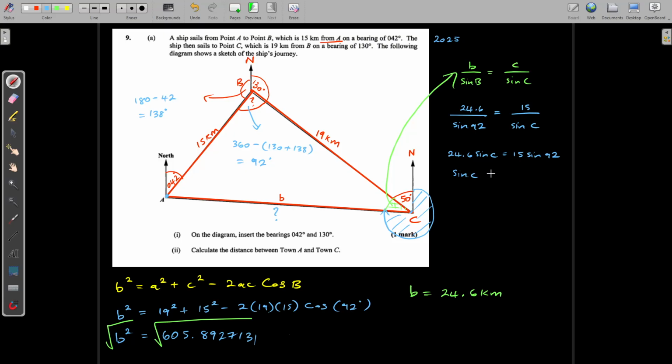Sine C is equal to 15 sine 92 over 24.6. This just comes down to transposition. And then C is equal to sine inverse of all of that.